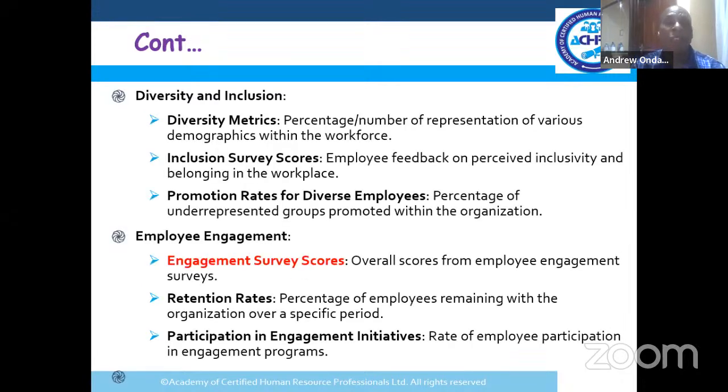The other aspect we look at in HR strategy is diversity and inclusion. And we have said that diversity has to do with the different backgrounds of people.